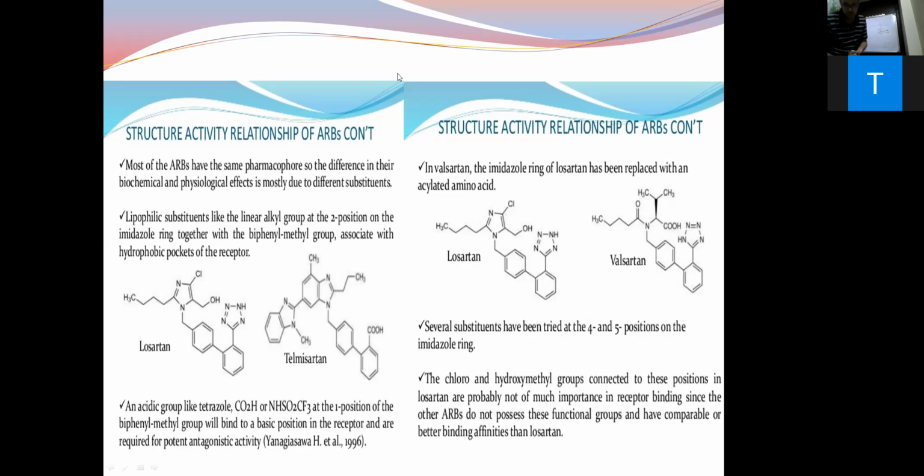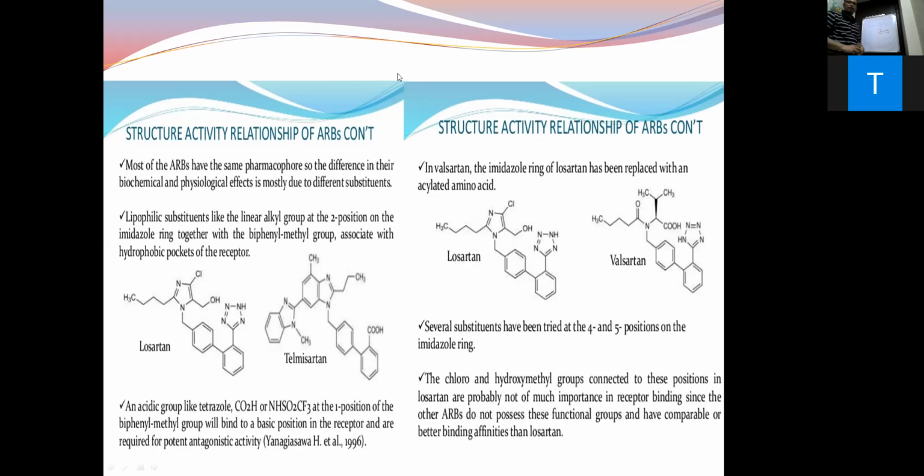This is the structural difference between valsartan and losartan, so we have tried to keep the two structures next to each other so that you understand the difference. In valsartan, it contains an acylated pentanoic acid, acylated with the amino acid leucine.